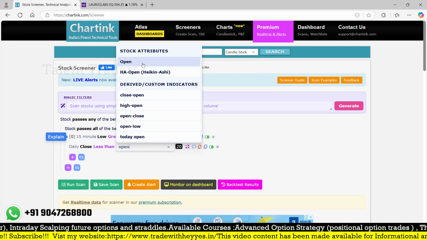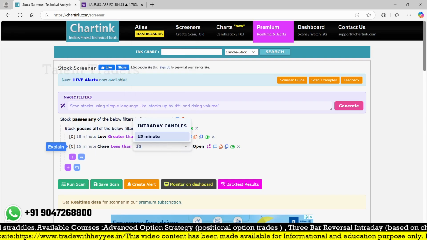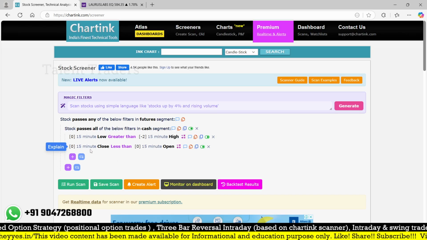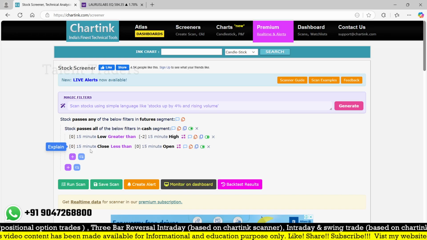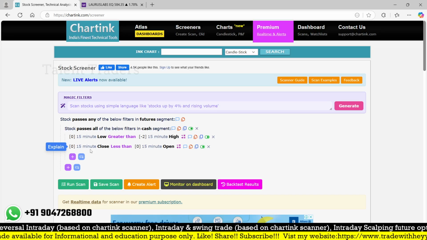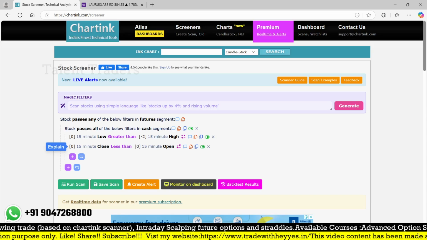So this will also find some stocks. What we are adding in this line is that the closing of the current candle is less than the open, so it should be a red candle. For the other side, close greater than the open.